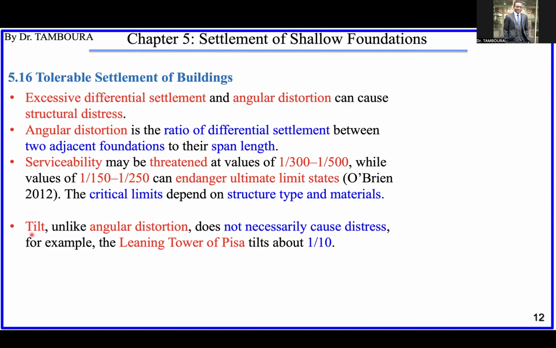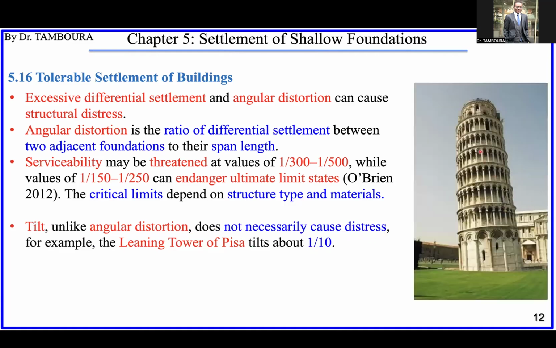What about tilt? I think we saw several examples of tilt, including the Pisa Tower in Italy. Tilt is not like the angular distortion. Okay, it doesn't necessarily cause distress. It is like this one.